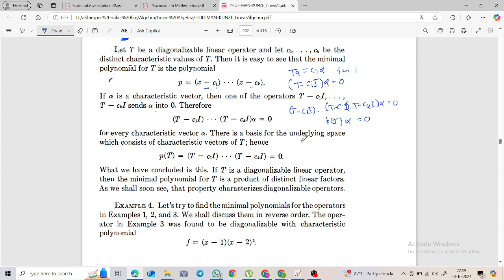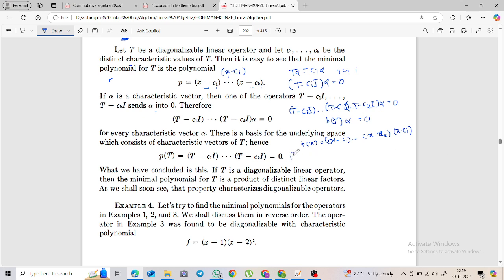So see, we can write P(x) as (x minus C1) ... (x minus Ck), and we can write Ci at last, right? We can take this factor, suppose the (x minus Ci) factor, to the last.